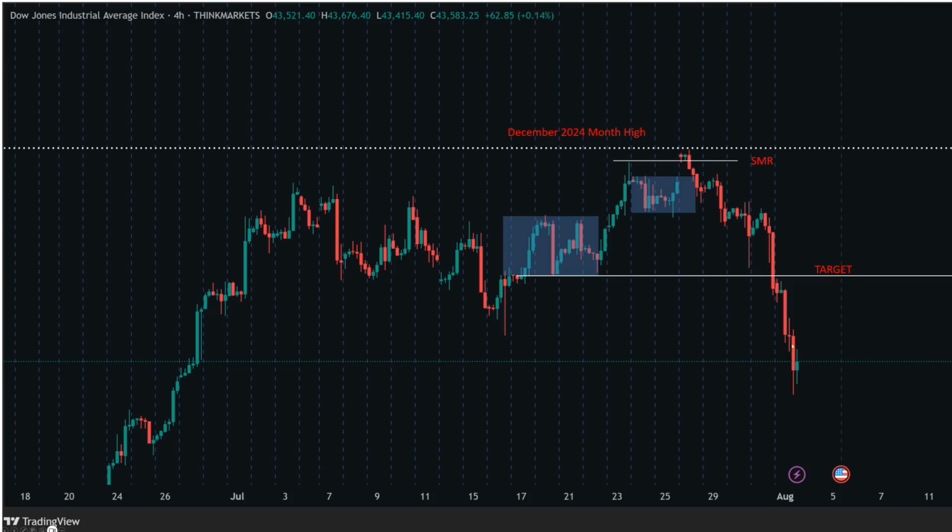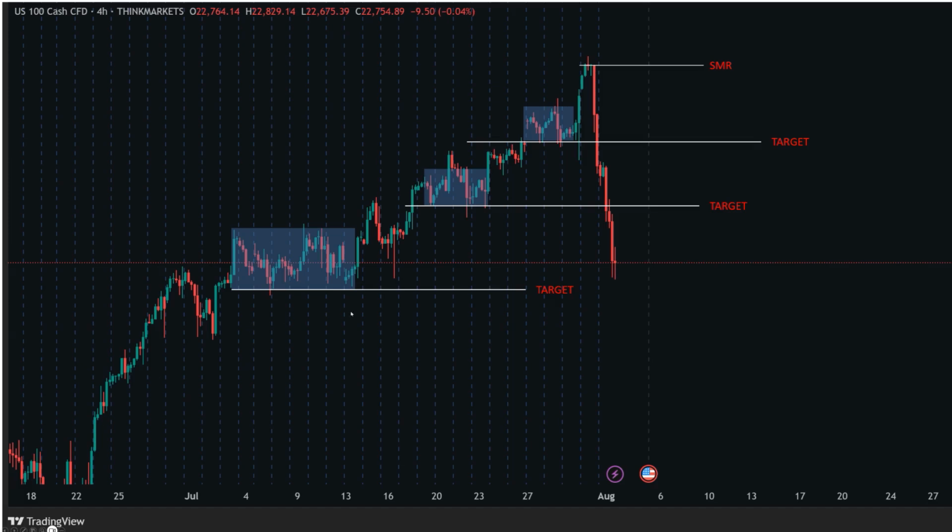Then price comes lower. So you have two targets here. First, below the first consolidation, that's target 1. Below the second consolidation, that's target 2. Okay, so that is on the 4-hour chart. You can see that what we see on the daily chart is a bit different from what we see on the 4-hour chart.